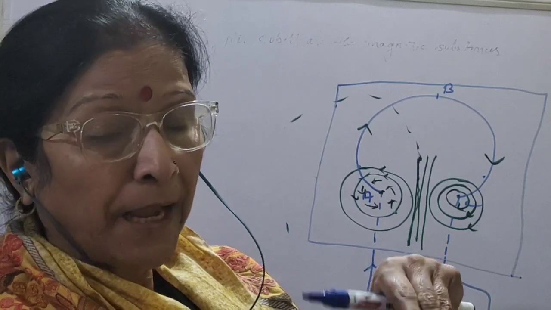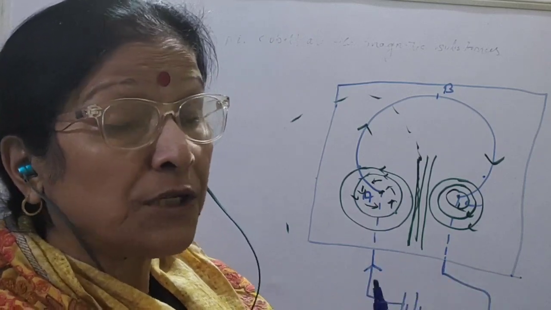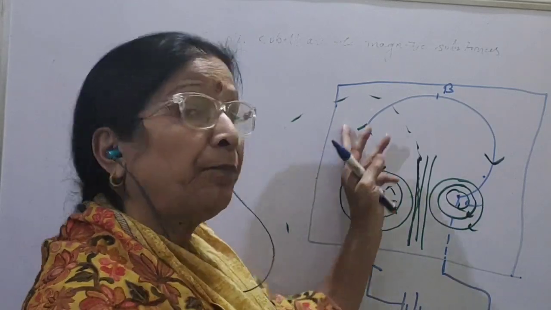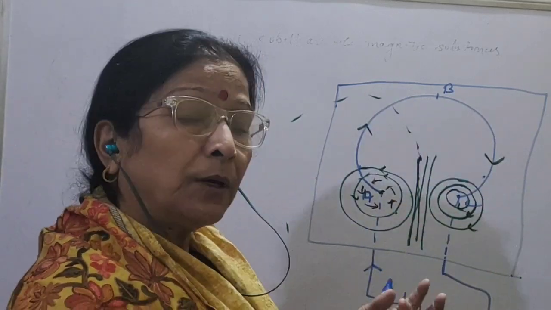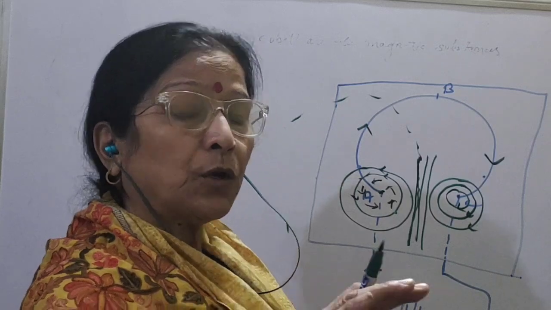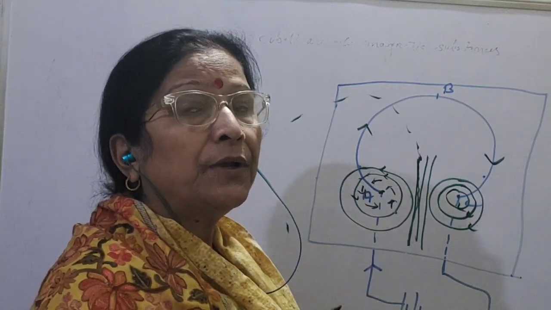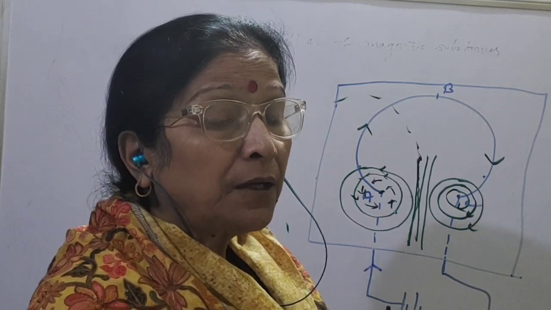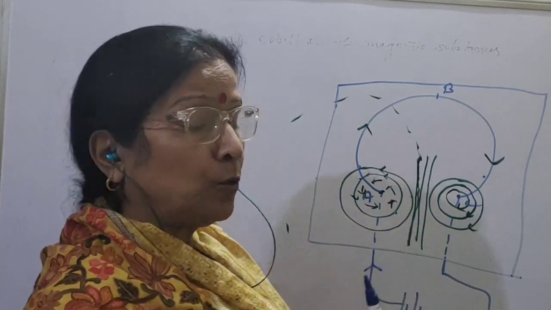As they are parallel, they push each other sideways, and as they are produced due to the same current, they push with equal force on each other and get equi-spaced. They remain at equal distance inside the loop.